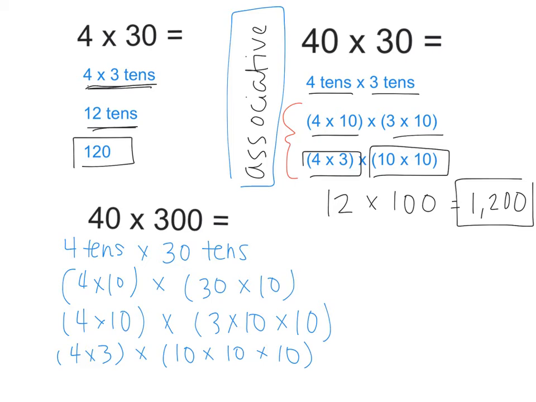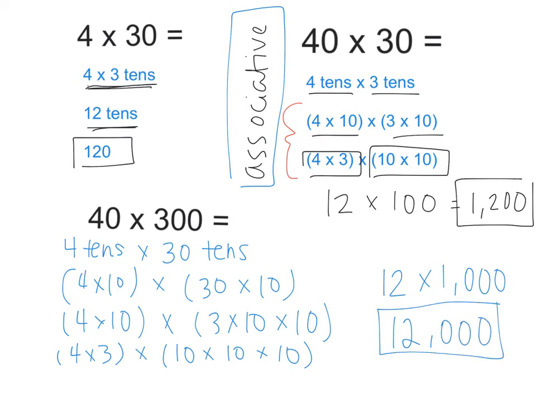Now I can use what I know about powers of 10 and math facts to solve this problem. 4 times 3 is what? 12. 10 times 10 times 10 is? 1,000. So if I have 12 times 1,000, what's my final answer? 12,000. So therefore, 40 times 300 equals 12,000. I know some of you are starting to notice some patterns. Hold on to them, okay? Great.